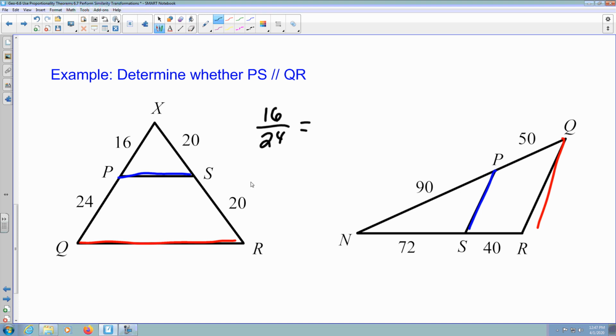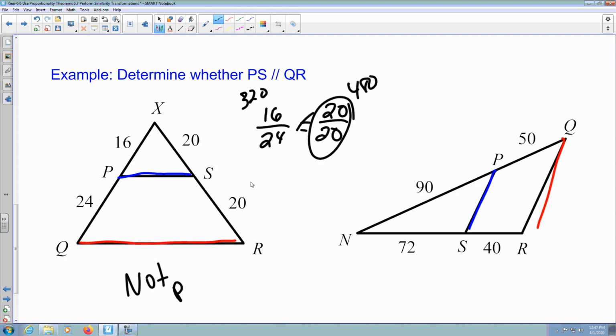I've got to see if it's proportional to XS, which is 20, over SR, which is 20. All right, so obviously right here I see that 20 divided by 20 is 1, and I know that 16 divided by 24 is not 1, but if you just multiply it out, 24 times 20 is 480, and 20 times 16 is 320. They're not proportional, so they are not parallel.